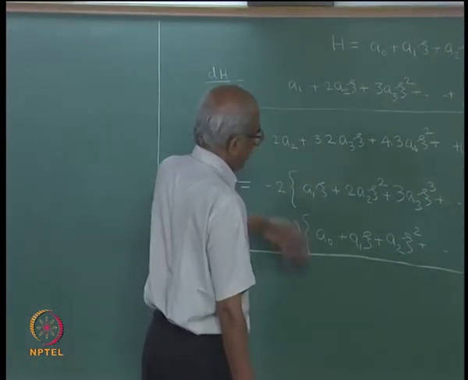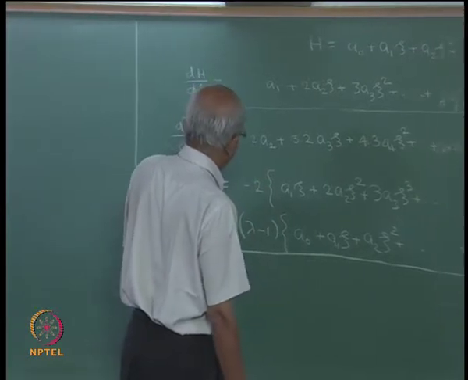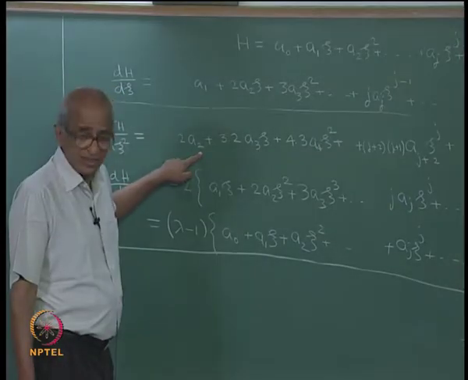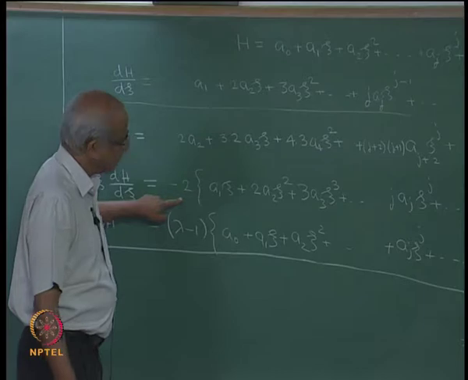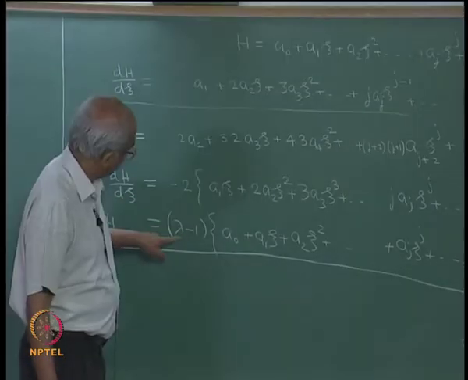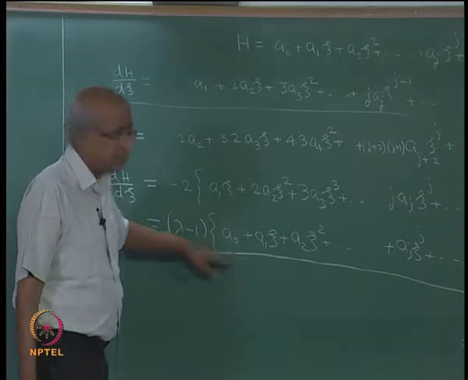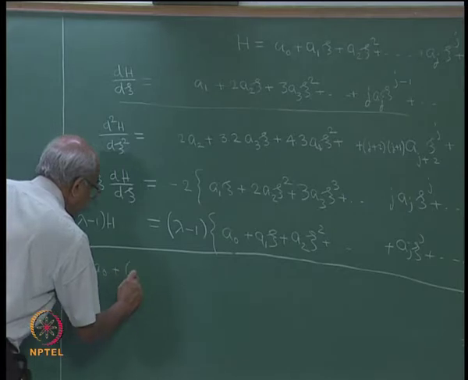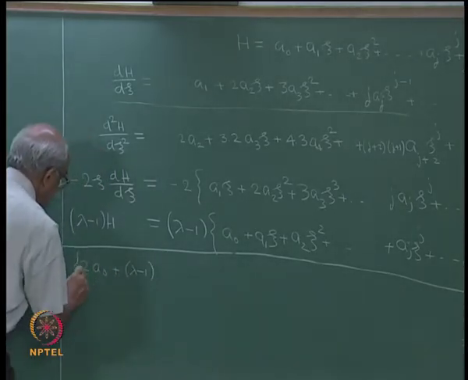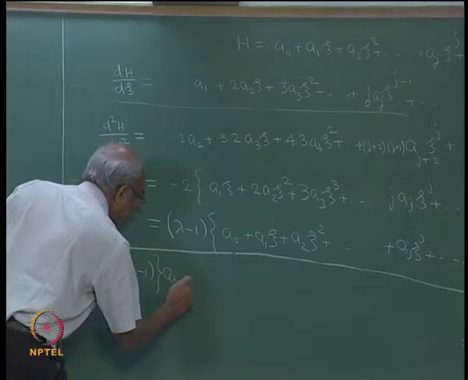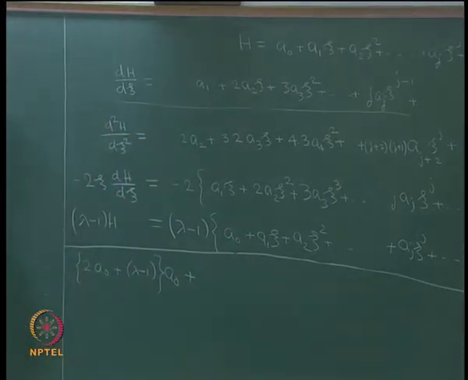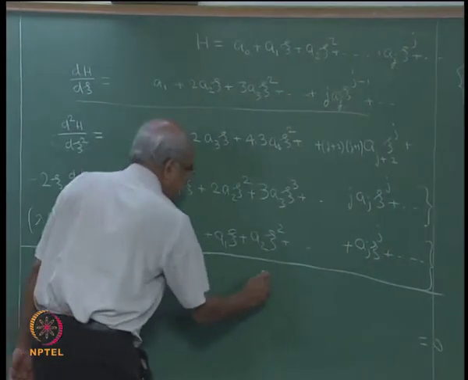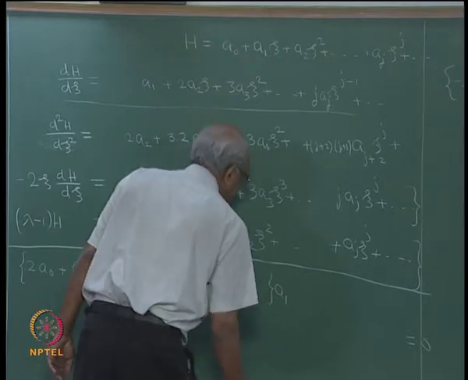So, for example, when I am adding, I will be a little bit careful. Here I have 2a2, this term is independent of c. Here there is no term that is independent of c, but there you have a term that is independent of c. So, you just add it up, you are going to get the first term.